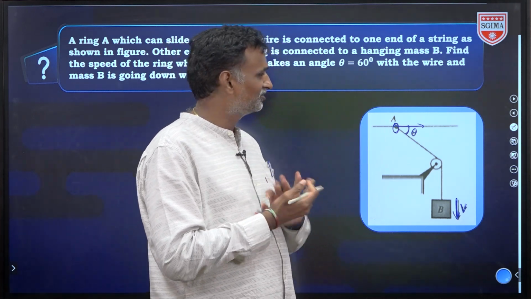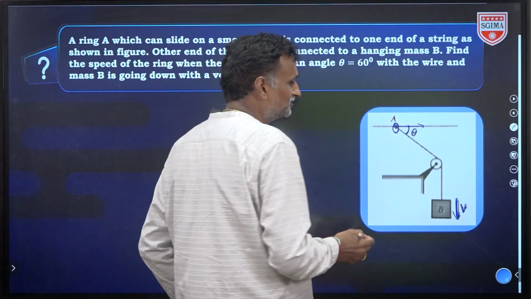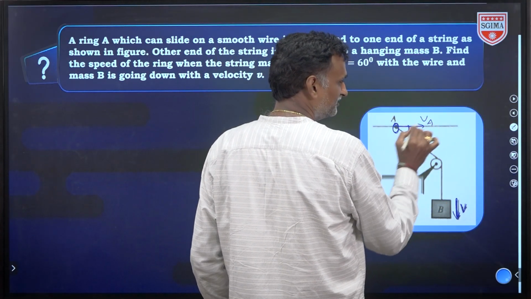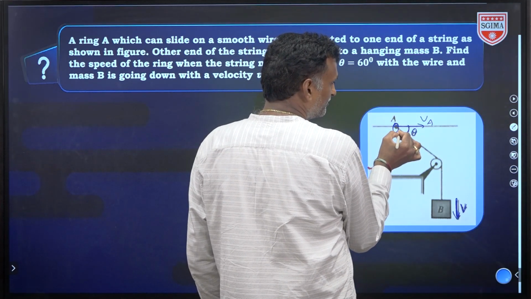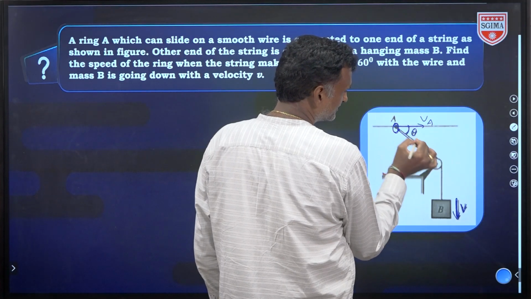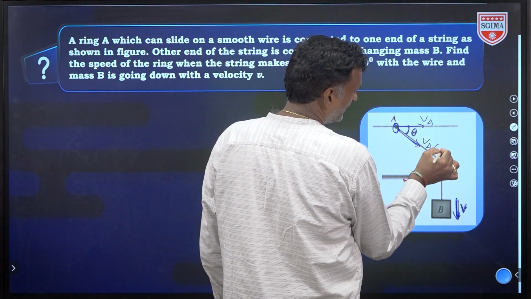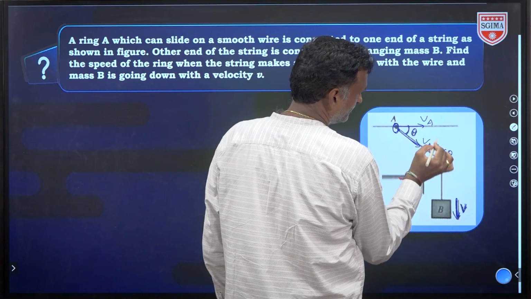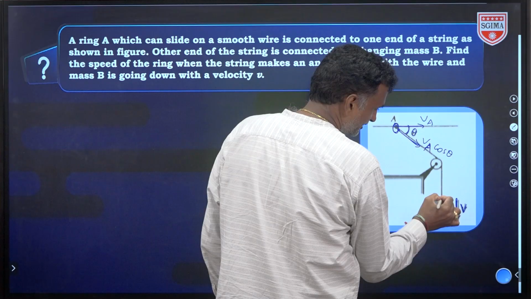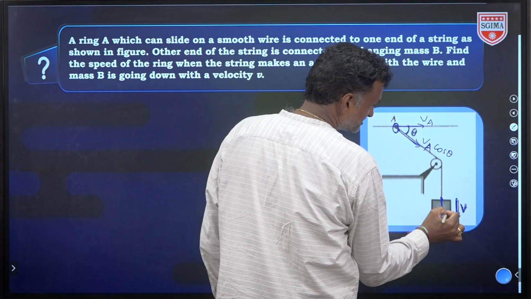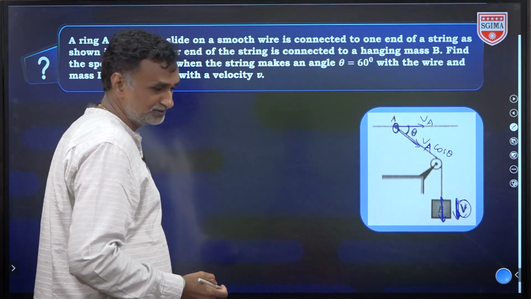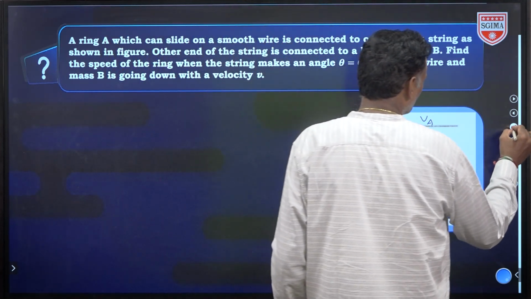Again we can take a simple relation. Suppose this is V, and we can take the initial velocity of the ring as VA, but along the string, the component is VA cos theta. Here is the connected point, and in the downward direction we take V. Both are along the string at the connected points, so both velocities must be equal.